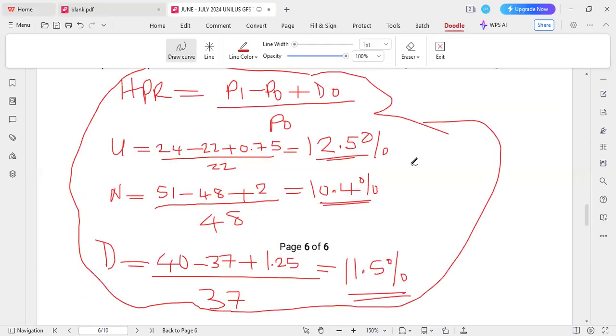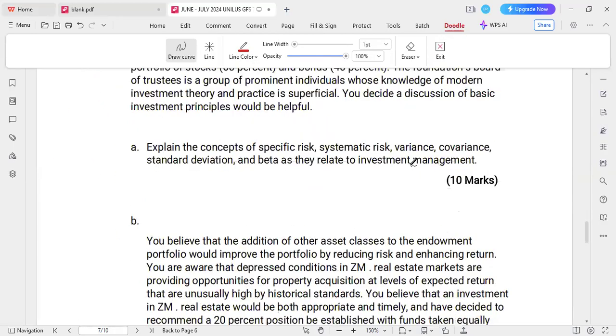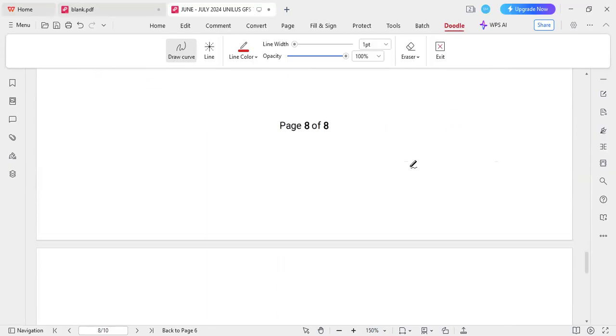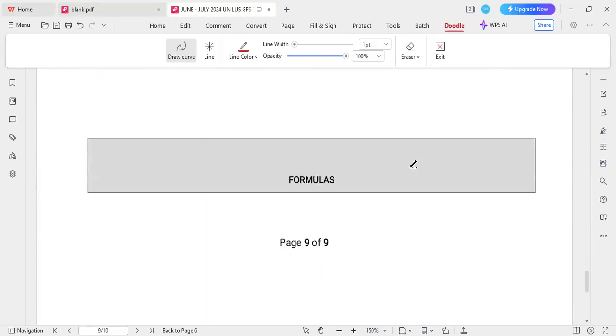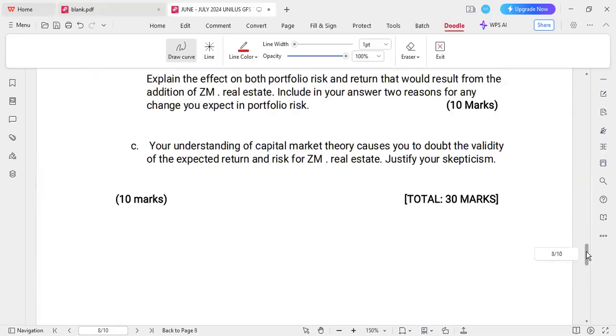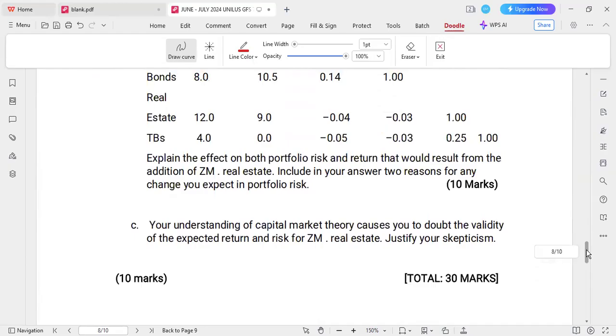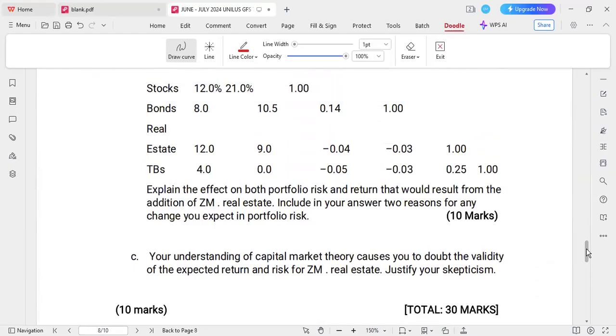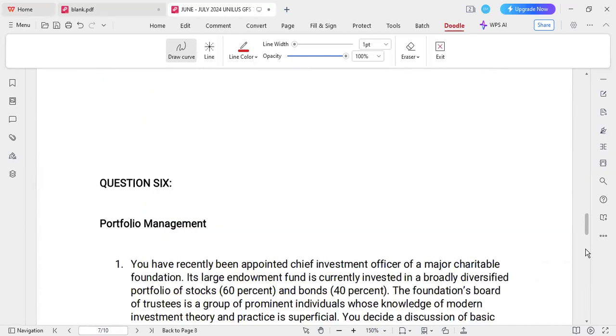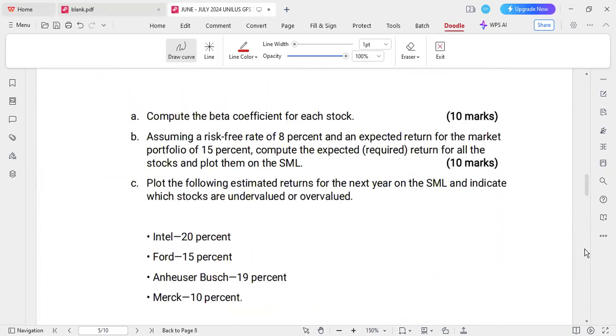So if we are to find the expected beta now, we can find the expected beta from the information given in the question, the beta for each of the stocks that we have here.